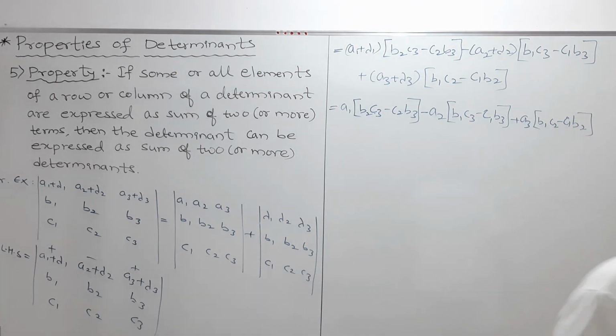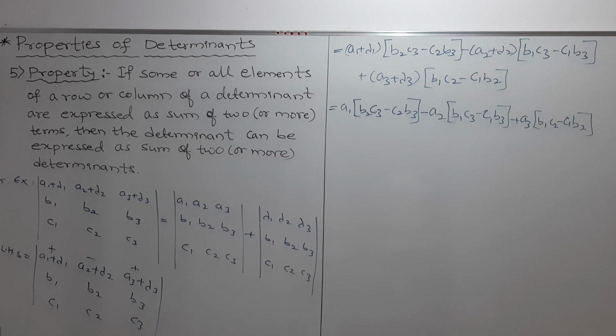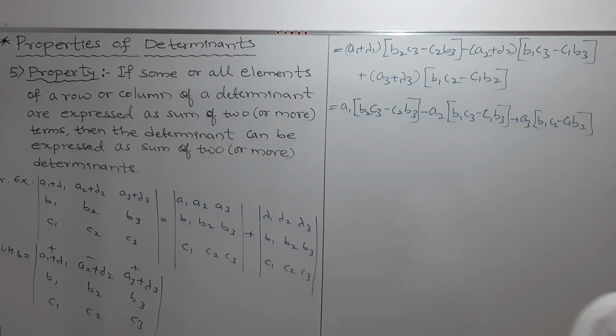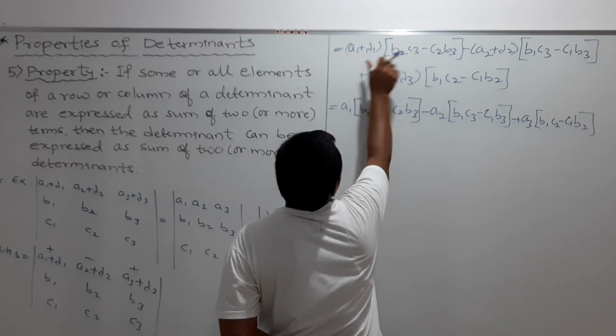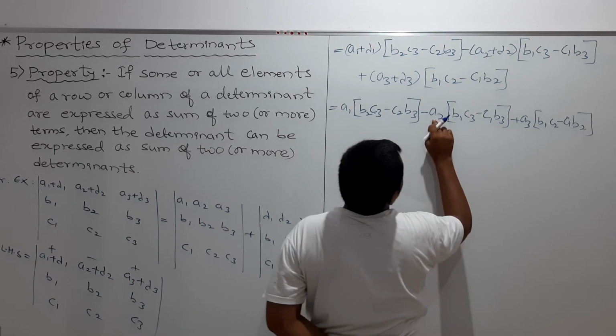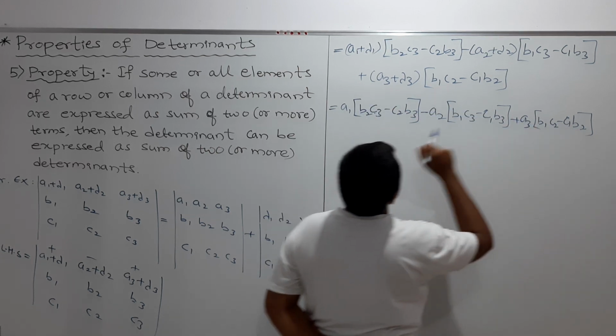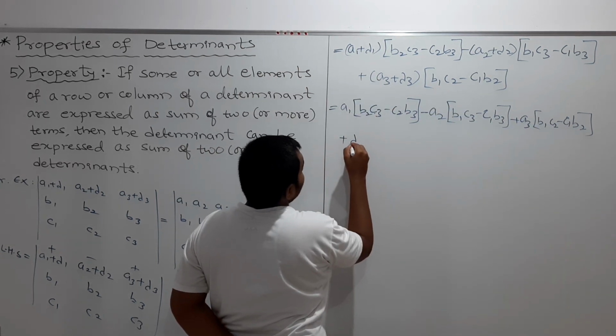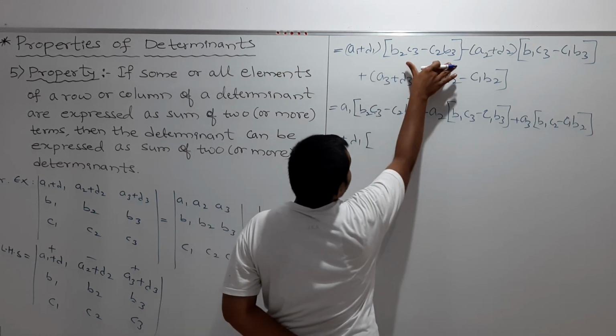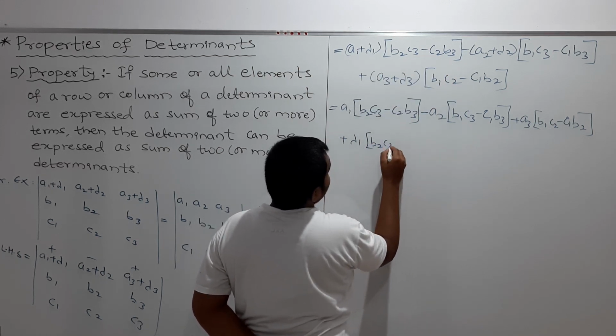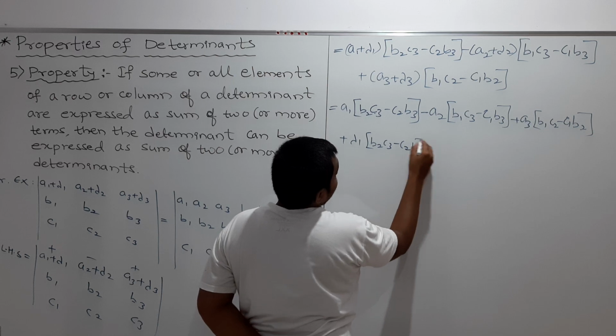Just let me check whether it is visible to you or not. Yes, it's visible to you. So now, my students, further I can write a1 into this term, minus a2 into this term, and next plus a3 into this term. Now plus lambda 1 into again this term, b2c3 minus c2b3.